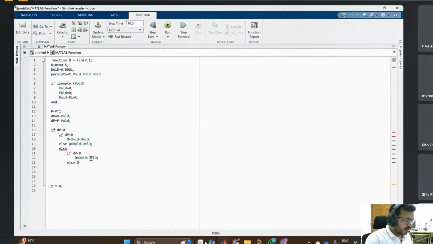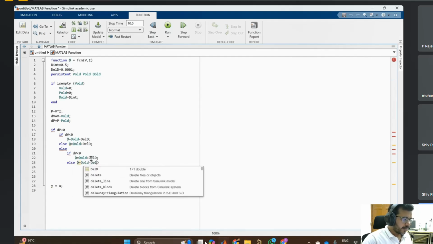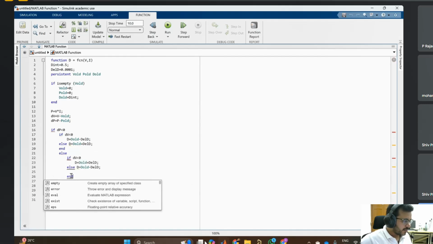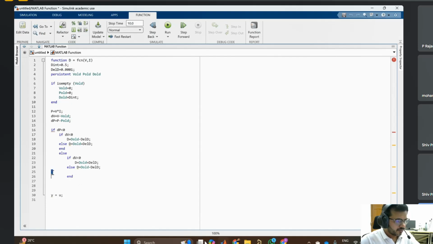Else, D old minus del D. Take an if function to give this if, again if function for this else. Okay.